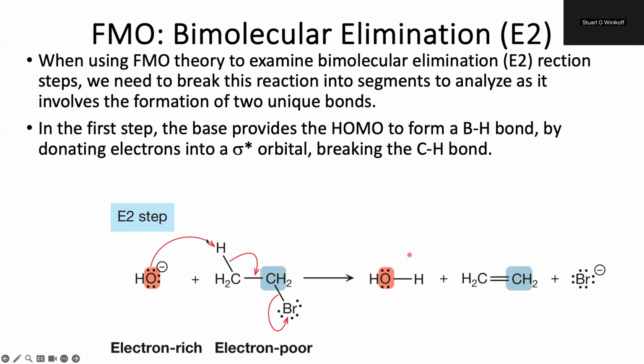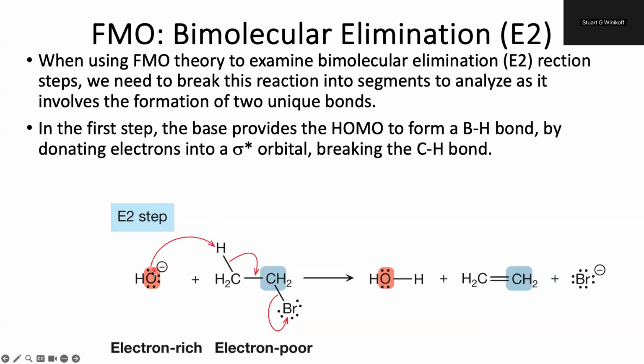In that first step, it's going to be my base that provides the HOMO, because again, my base is the electron-rich species. And it turns out that it's going to be a CH bond that forms the electron-poor species. So in this case, my LUMO is now going to be that sigma antibonding orbital.